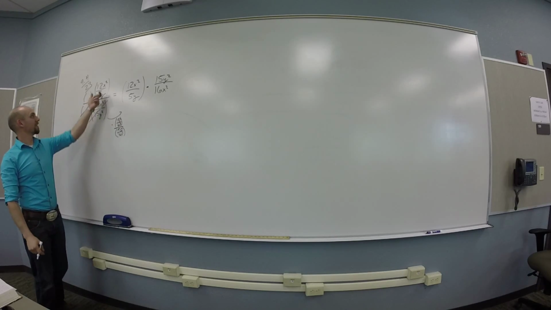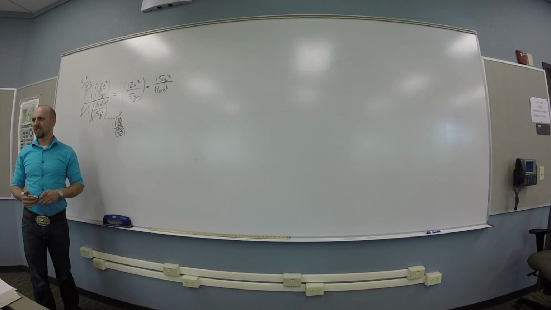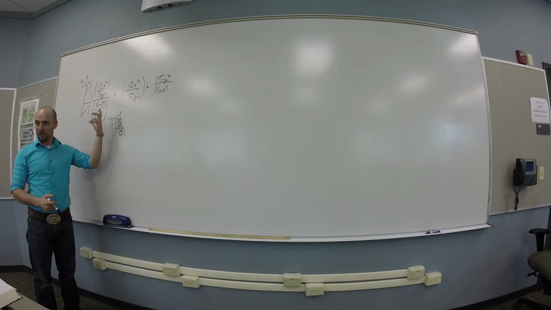And then I'd get the top times the bottom flipped over. You guys all see that? That's really why this works. There's no magic about that division symbol. This is really just multiplication by 1 again.